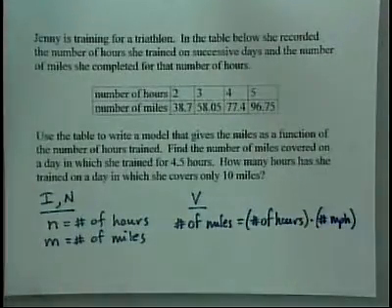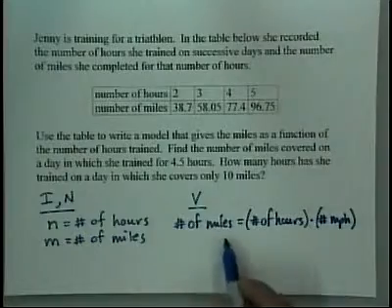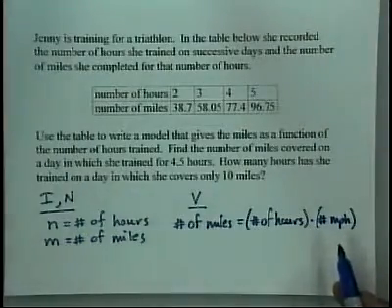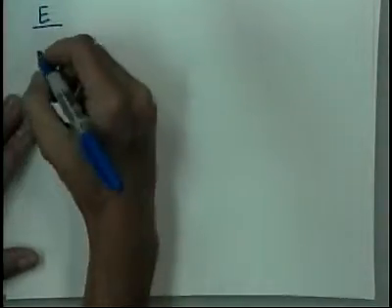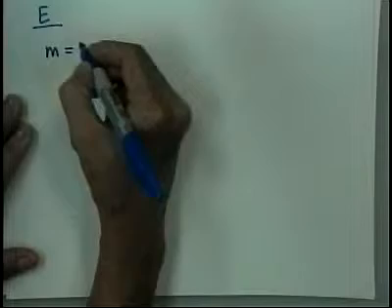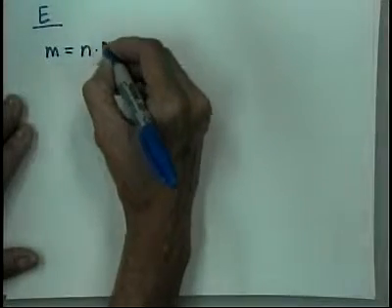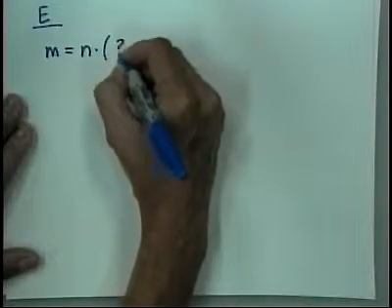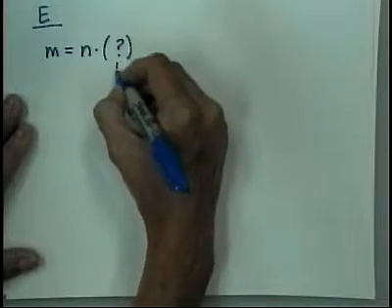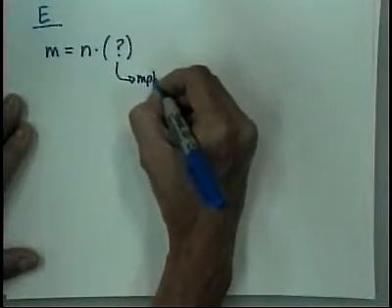And now we're ready to translate that information to an equation. Our equation might look like miles equals number of hours times that unknown thing, which was the number of miles per hour that we don't know.